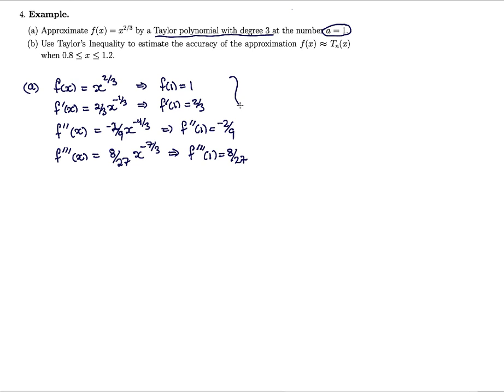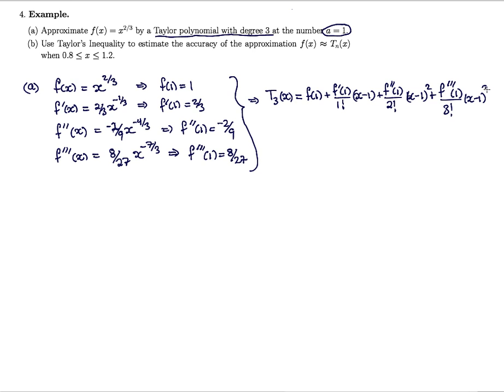So from this stuff here, we get that the third degree Taylor polynomial is just going to be f of 1 plus f prime of 1 over 1 factorial x minus 1 plus f double prime of 1 over 2 factorial x minus 1 squared plus f triple prime at 1 over 3 factorial x minus 1 cubed.